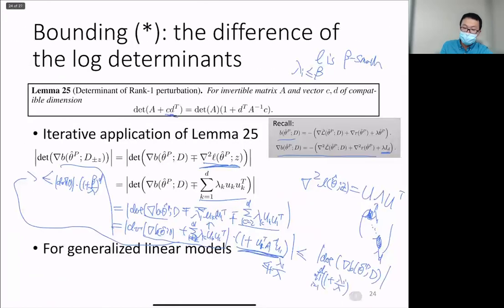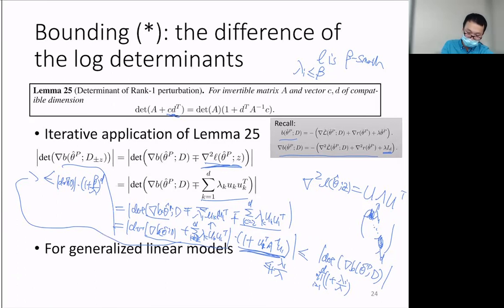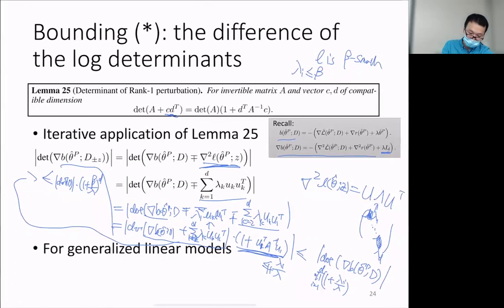For generalized linear models, the bound can be strengthened a bit, because for a generalized linear model, we know that the gradient of the loss function looks like the following.